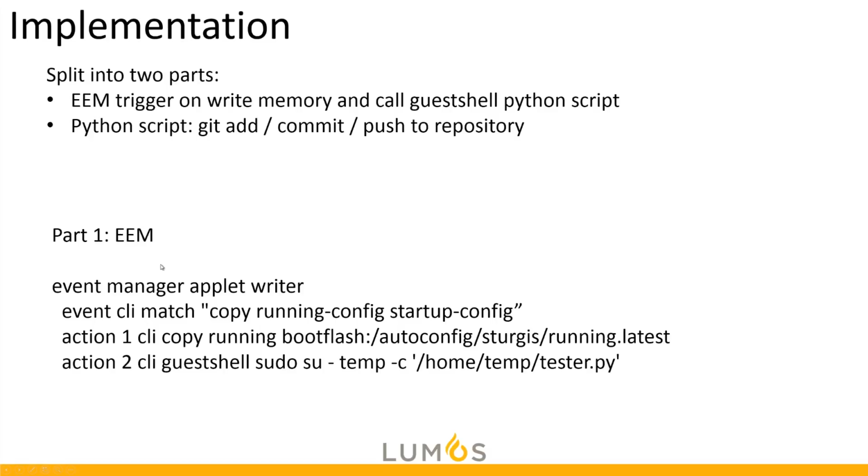So for instance, part one for EEM, we'd match copy running config to startup config or any variation thereof, and we would do a CLI copy running bootflash, and then wherever we had stored it, to a particular file, and then do a guest shell sudo, and we'd basically run our Python script.